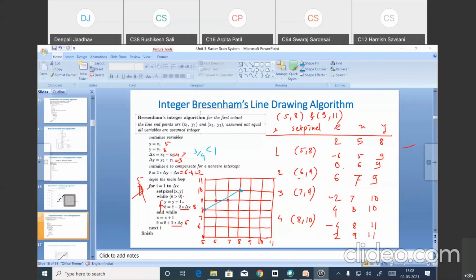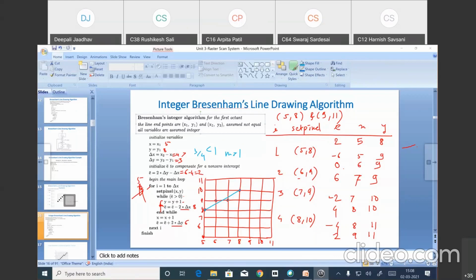So you can try the opposite way also. You can take it as homework, for M greater than 1. So for M greater than 1, what do we require? Y2 minus Y1 should be greater than X2 minus X1.